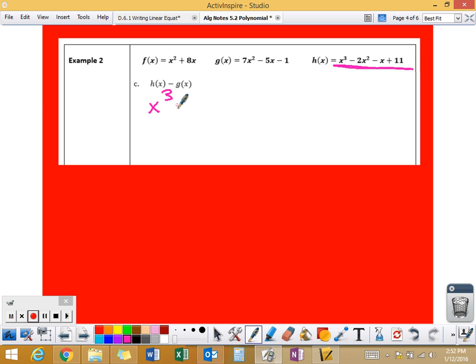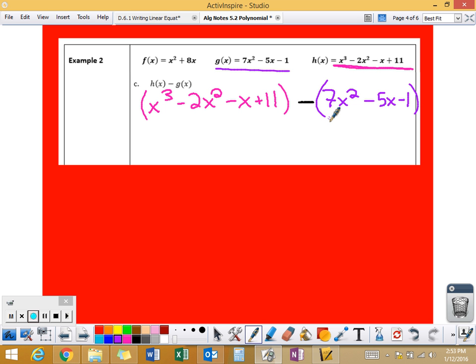Put that in parentheses. We're subtracting again, because there's a minus sign between them. We're subtracting g of x. So g of x is 7x squared minus 5x minus 1.